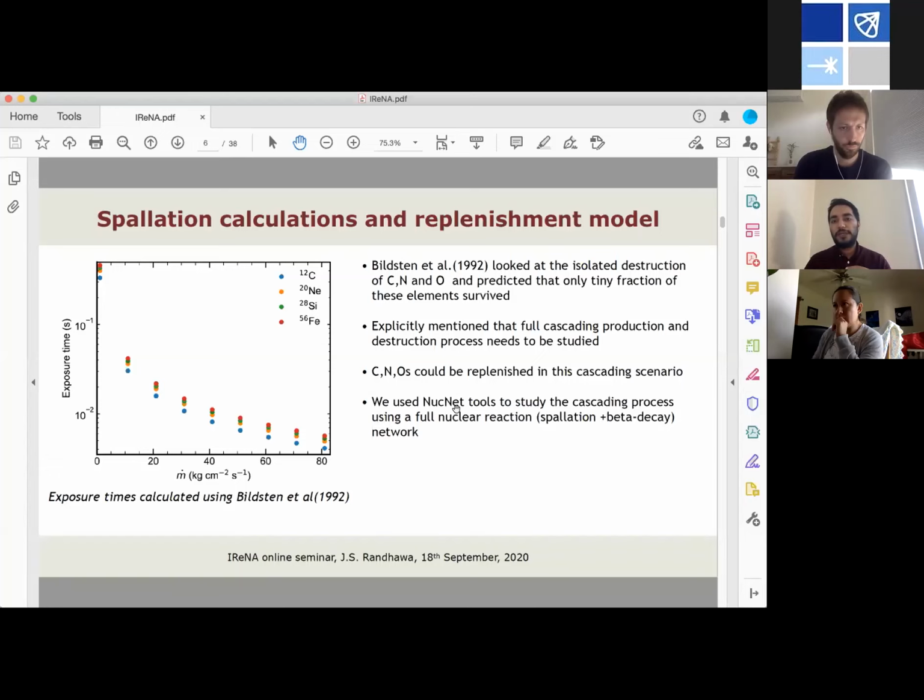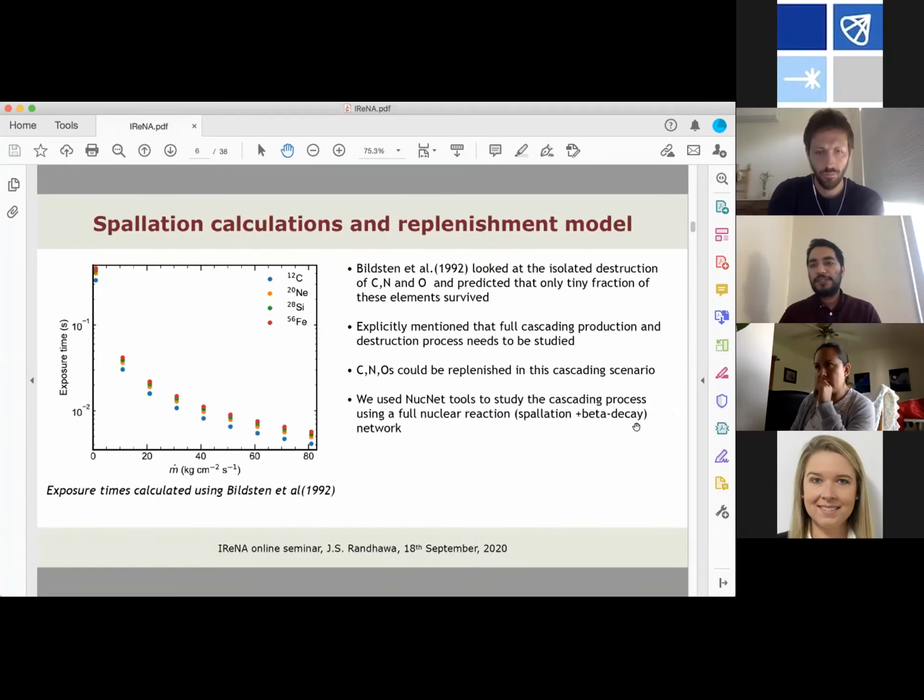We use the NukeNet tools codes, the single zone model, with a full reaction network that included the spallation reactions and the beta decay. We studied the cascading process and tried to see how it affects the abundances of carbon, nitrogen, and oxygen, or CNO in general, or how it impacts the CNO metallicity.